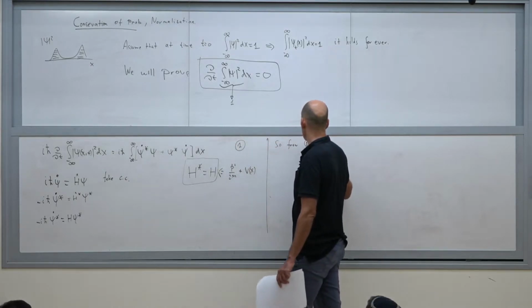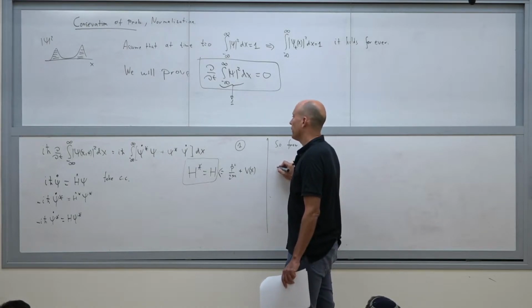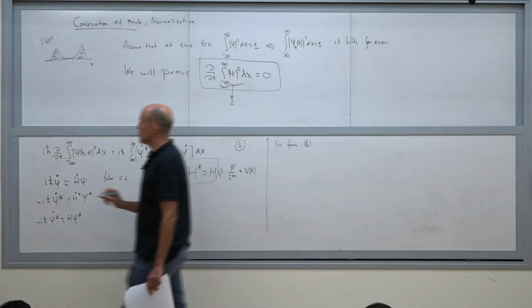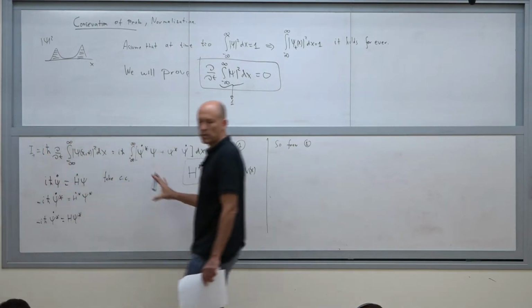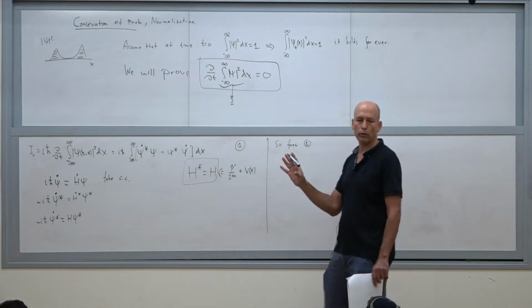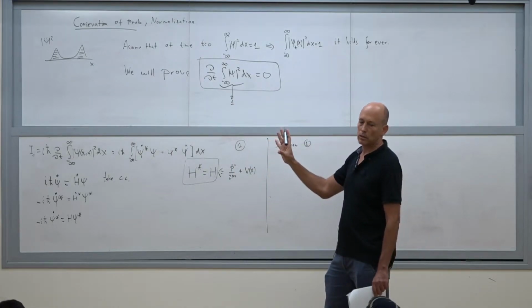So from 1, I get, let's call all this junk I1. Remember, what do I want to prove? That I1 is 0.